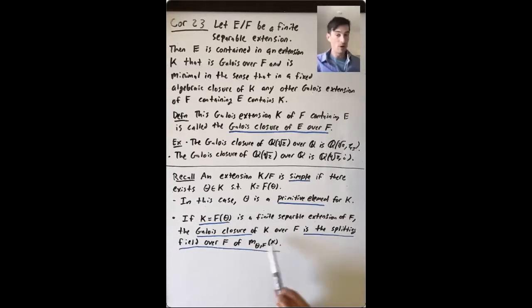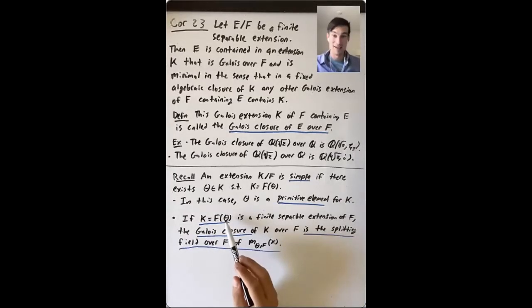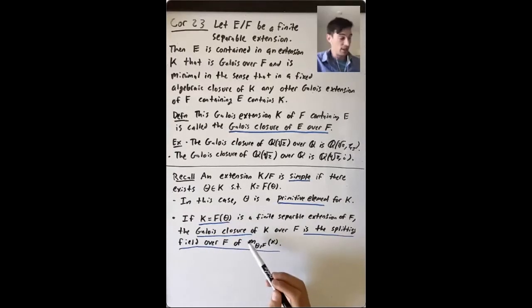Why? Well, the minimal polynomial is an irreducible polynomial in F[x] that has a root in K. And if you have a Galois extension of F that contains theta, it contains a root of this minimal polynomial.